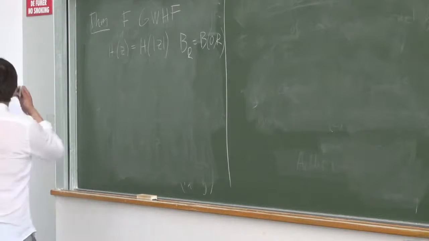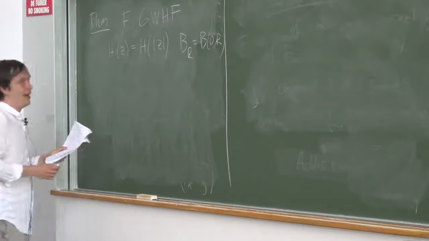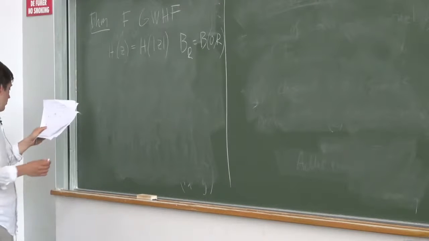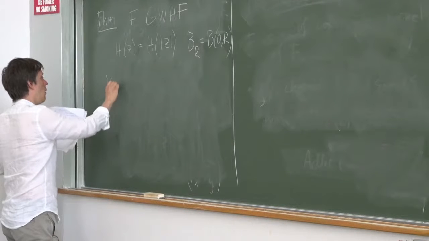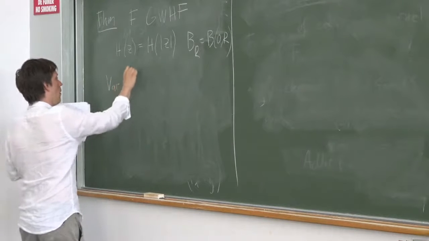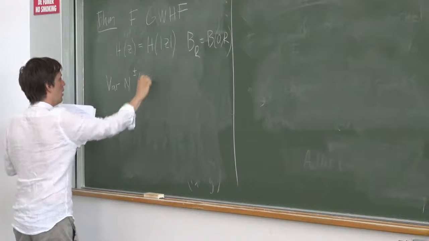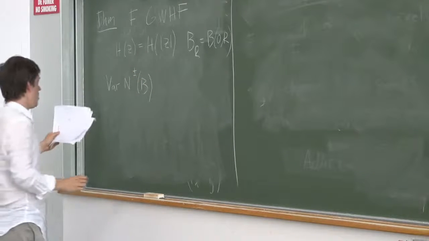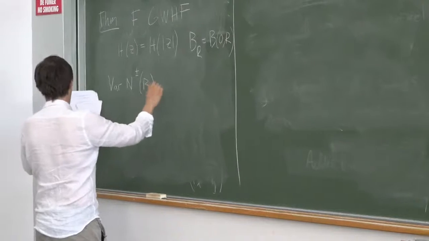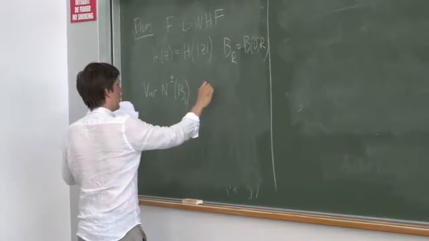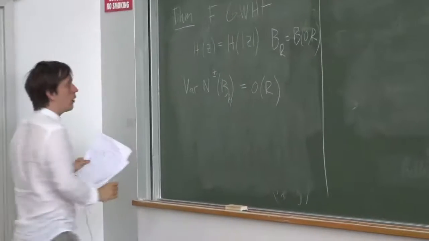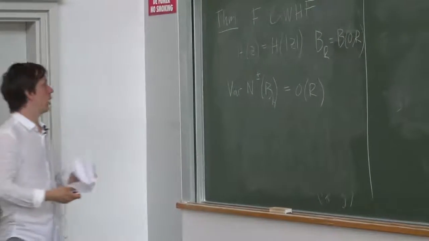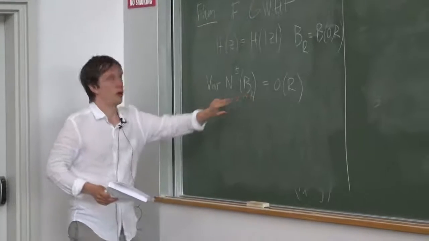So we looked only at the variance of the n plus minus variables, for B_R. So the result is that this is big O of R. So this grows like the perimeter of the ball.